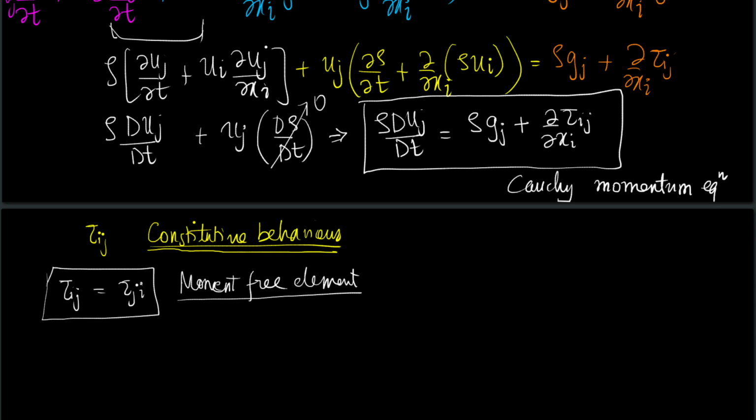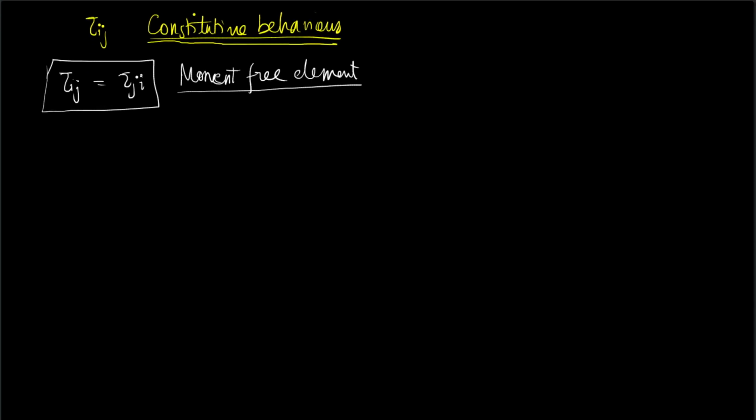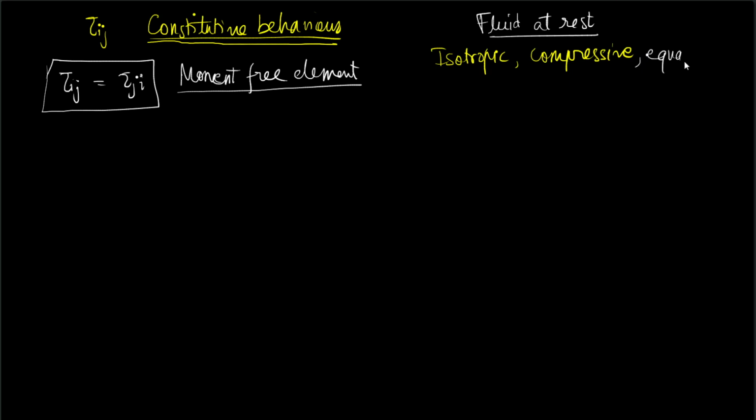Now let us go towards the general description of a constitutive behavior. Let us consider a fluid at rest. For a fluid at rest, we know that the stress is isotropic and compressive. So if it is isotropic, compressive and equal from all sides at a point, the stress must be written in the form of minus P delta ij, where delta ij is the identity tensor.